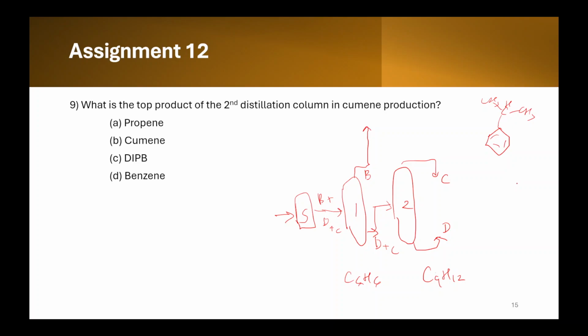C9H12. And then DIPB will be again C6H4 plus these C6, and then again these... you can say again this is, wait a minute, so C6H14.